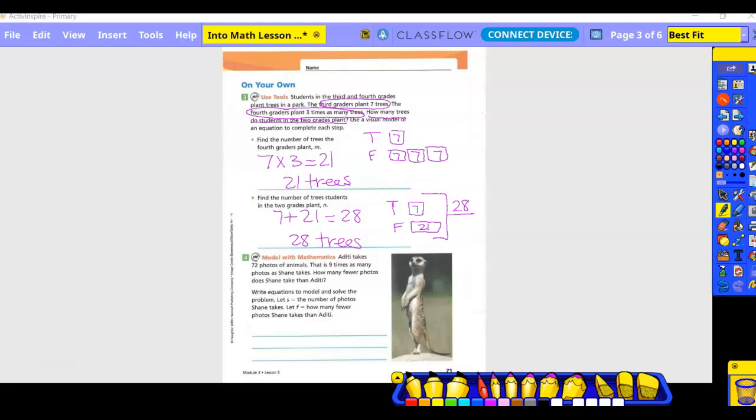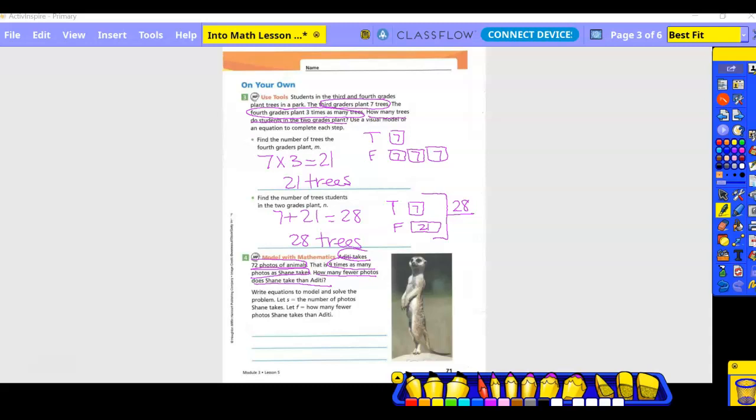Okay, so what do we need to do? We need to figure out how many Shane takes first, right? So what am I going to do? Do I know my part or do I know my total? Well, I know one of the parts, but I also know the total.